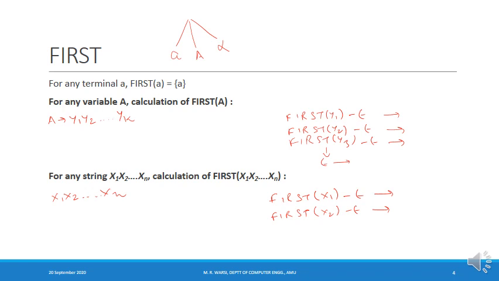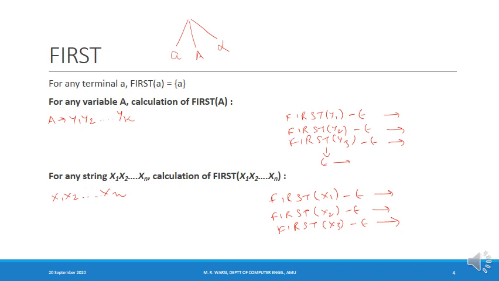And if the first of x2 is also containing epsilon, what is the significance of this? The significance of this is first of x1 is containing epsilon, first of x2 is containing epsilon. So during the course of the derivation, both of them may get reduced to epsilon, and then what will be coming at the beginning? At the beginning, I'll obtain x3. So then I'll be adding first of x3 minus epsilon to the first of the given string.